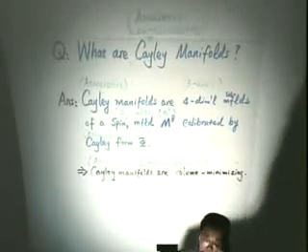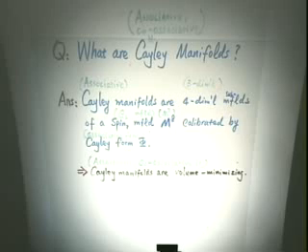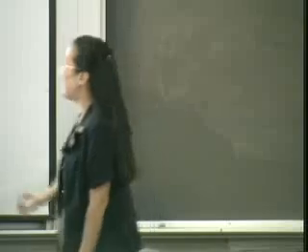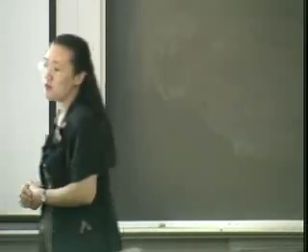The bottom line is that Cayley manifolds are volume minimizing. The same is true for associative: for example, associatives are three-dimensional submanifolds of a G2 manifold calibrated by the associative form phi. So all of these are volume minimizing, because we use the method of calibration.